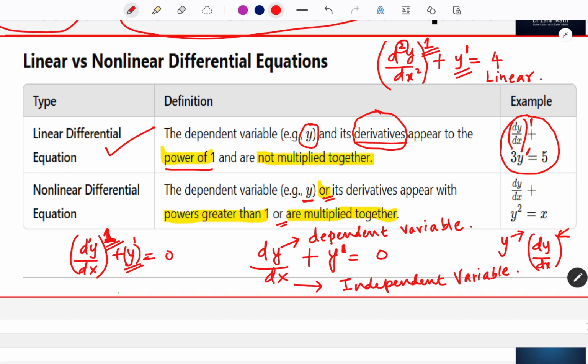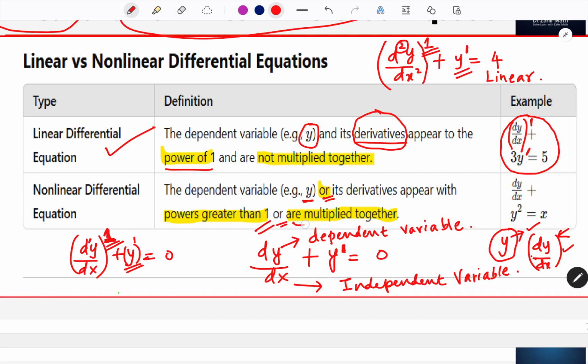No. d square y by dx square, d cube y by dx cube, everything, if the power is more than 1. Teacher, should it come together? Not necessary. If the y power is more than 1, or if dy by dx or d square y by dx square or d cube y by dx cube has power more than 1, then that type of equation is called non-linear.